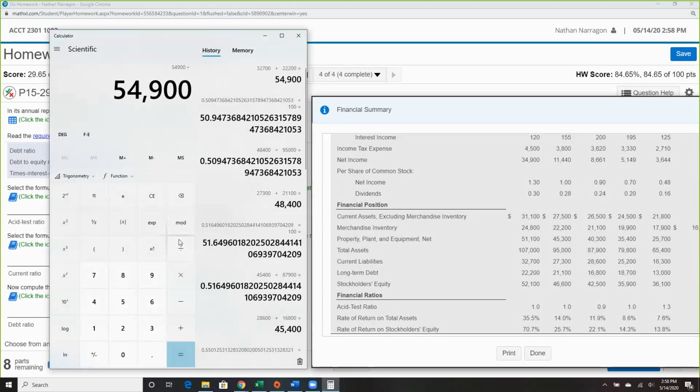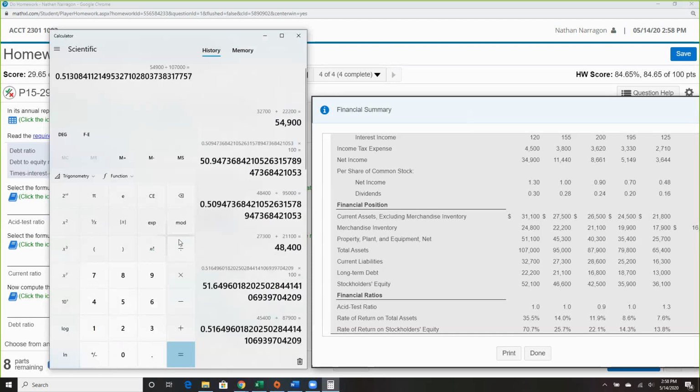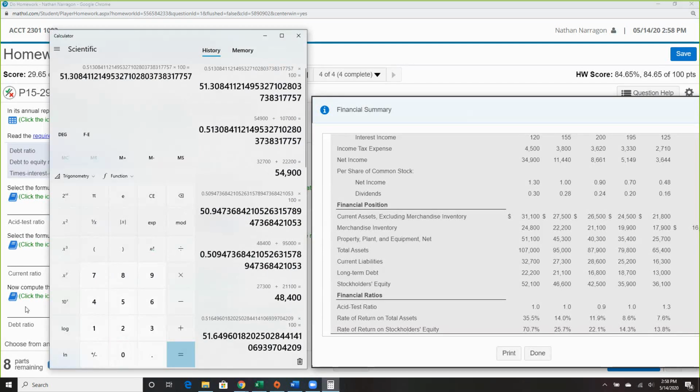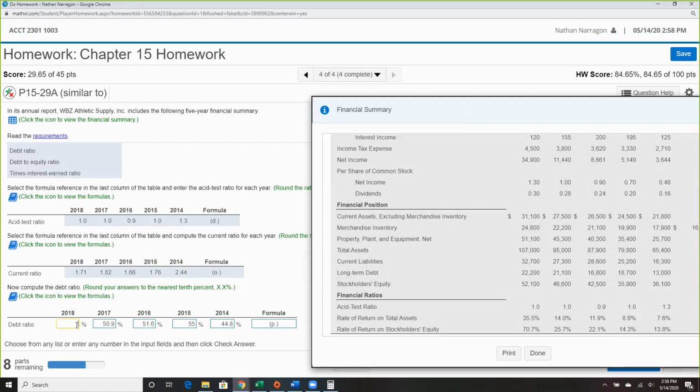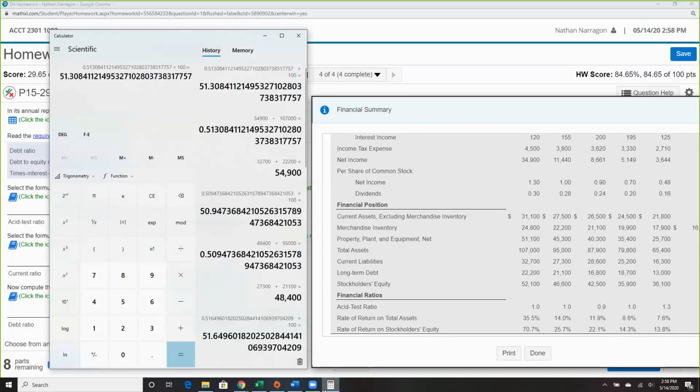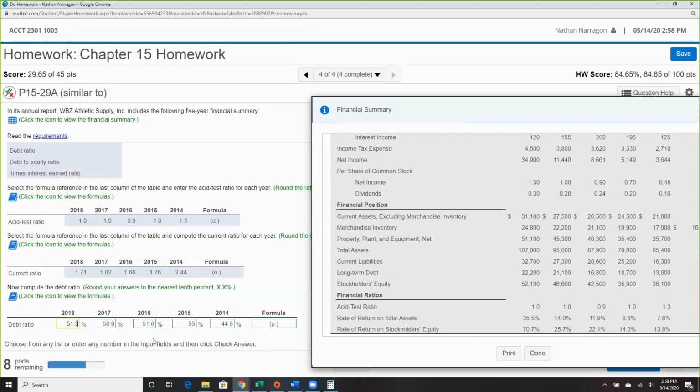Divide by total assets. 51.3. Wait, make sure. Yeah. So a little bit, that one's kind of jumping up and down as it goes.